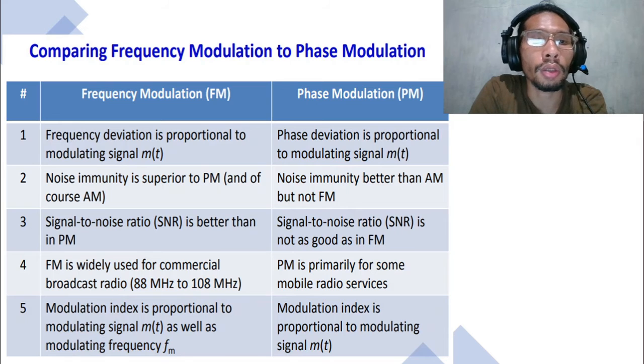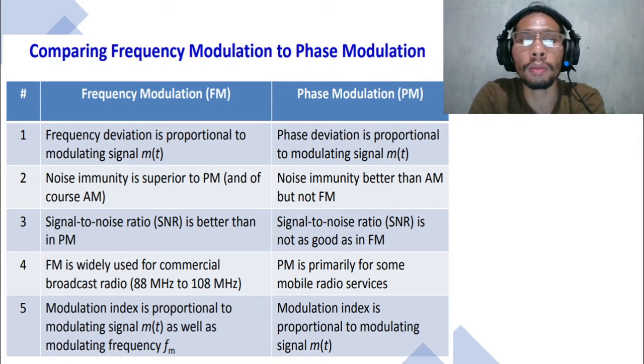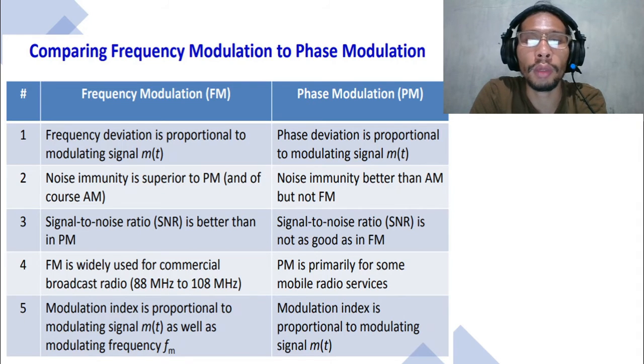Noise immunity of FM is superior to PM and of course AM. So noise immunity of PM is better than AM but not FM. So PM is in the middle of AM and FM for noise immunity.